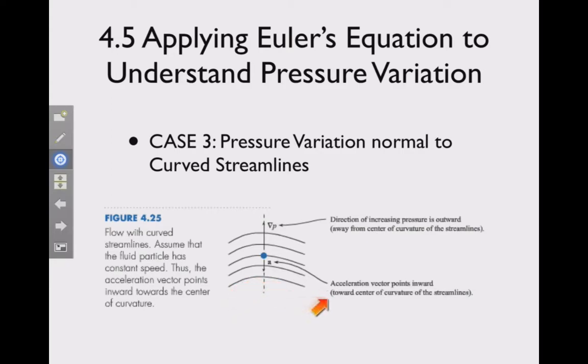So we have to have an acceleration, and this rho A force must be balanced by the pressure gradient. Whenever we have a curve like this, we must have an increasing pressure outward away from the center of curvature. With the rho A, or the acceleration normal to the curved lines, we have to have this pressure gradient developing in the opposite direction due to Euler's equation.